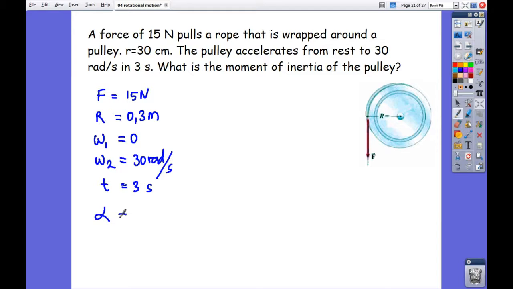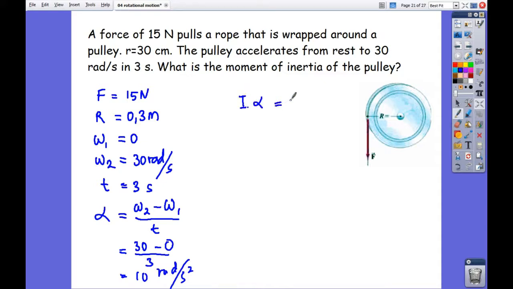First of all, we have to find the angular acceleration by using the definition. Angular acceleration equals final angular velocity minus initial angular velocity over time. So we have 30 minus 0 over 3, equal to 10 radians per second squared. By using the previous formula, we know I alpha equals rF.